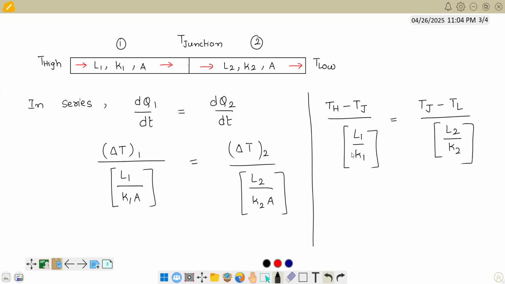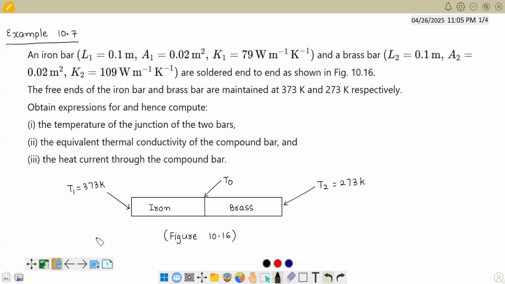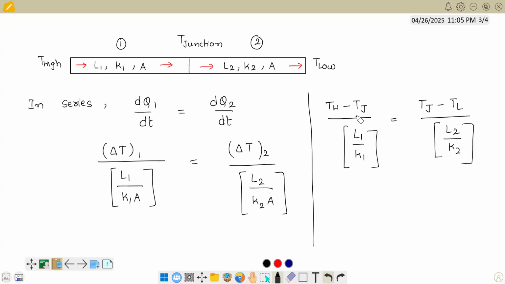So quickly let us rearrange the terms. We will substitute everything that is given in the question and try to solve this problem. If you look at this question, T high value is 373, T low value is 273.